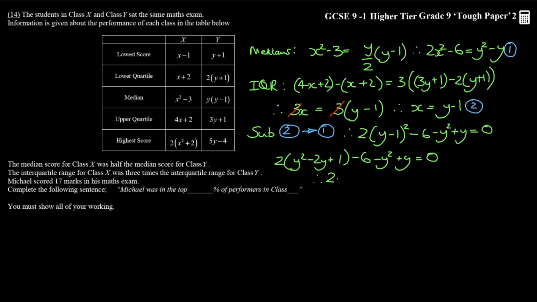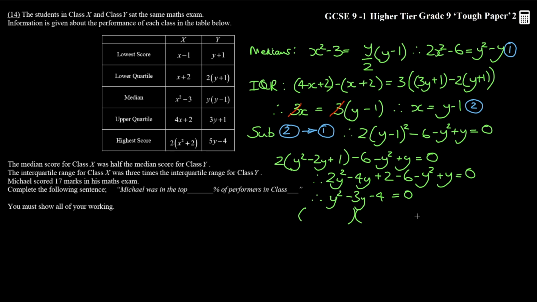Therefore, 2y squared minus 4y plus 2 minus 6 minus y squared plus y equals 0. Therefore, putting these terms together, I've got 2y squared, take away y squared, which is y squared. The y's, I've got negative 4, positive 1, which is negative 3y, and the numbers, negative 4, is equal to 0.